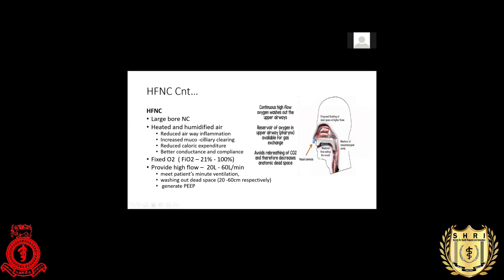And because of the continuous flow, if the patient's mouth is closed, it will create a positive airway pressure in this passage. So it acts as PEEP, not like you can generate in a ventilator, but it can generate a small amount of PEEP, and it helps to keep your airway open.